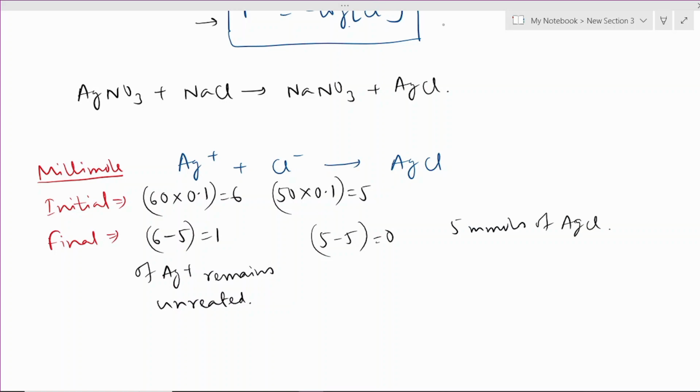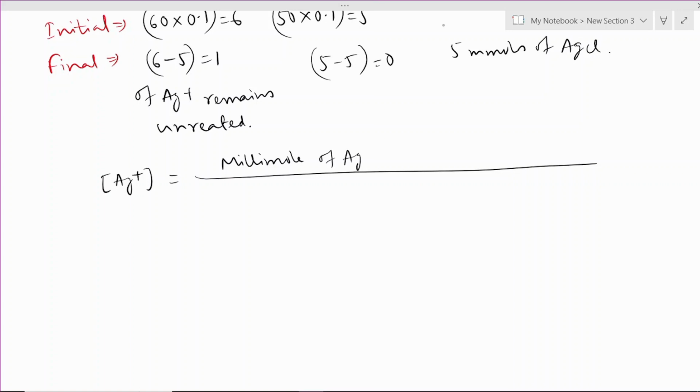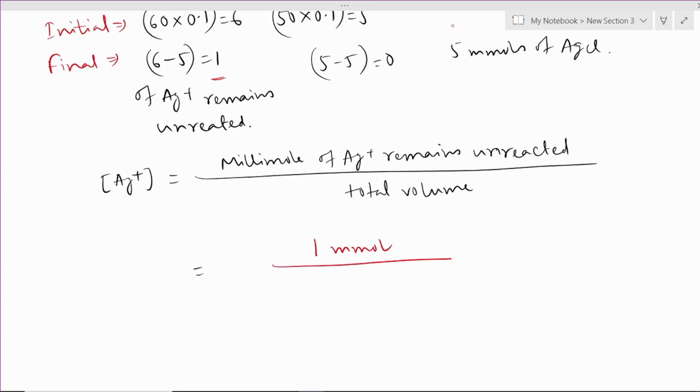So the concentration of Ag+ will be the millimoles of Ag+ that remain unreacted upon the total volume. So 1 millimole of Ag+ remains unreacted, and the total volume is 60 ml of AgNO3 added to 50 ml of NaCl solution.